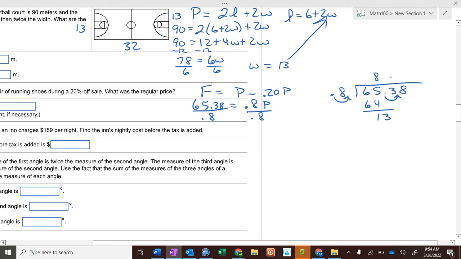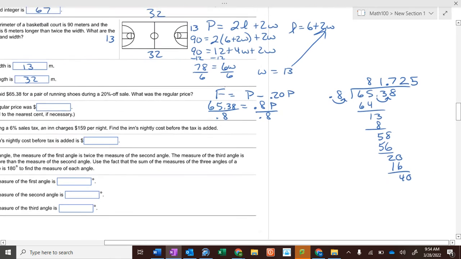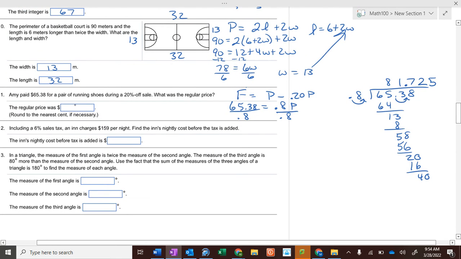We're left over with 1. 8 goes into 13 once, with 58 left over. 8 goes into 58 probably 7 times to give us 56 with 2 left over. 8 goes into 20 2 times. 16 with a 4 left over, and that gives 81.725. So probably, round to the nearest cent, $81.73.